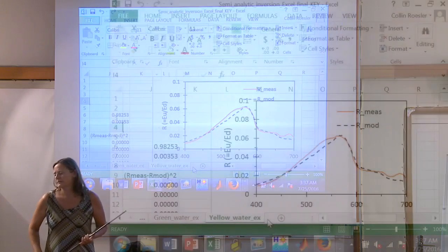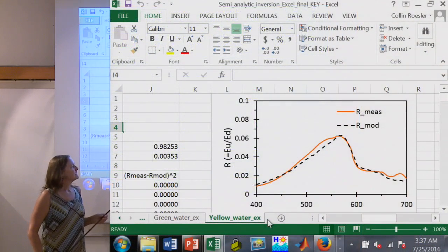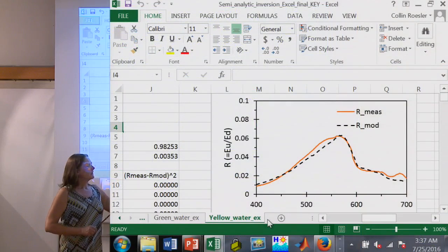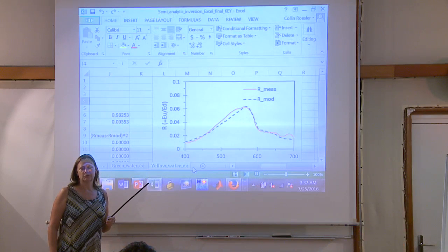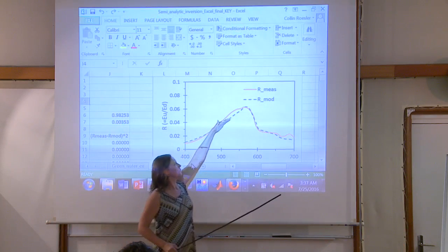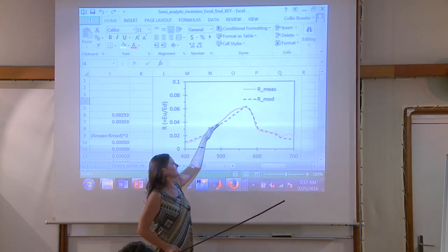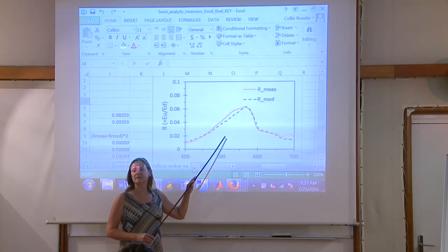And then the yellow waters, I got something like this. Now, when I look at the residual of this, I see some different pattern from the previous two. What I see here is this has one slope here, and this one has another slope. And so that suggests to me that there might be something with the CDOM.